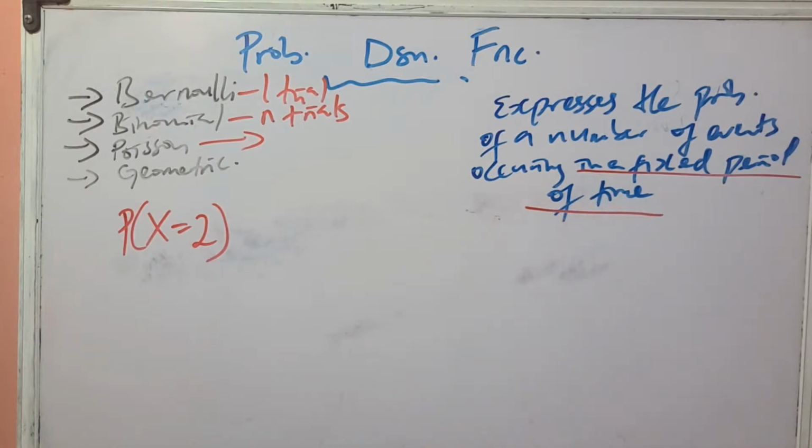When you see a question that has something to do with a fixed period of time or a fixed space, maybe a fixed distance, a fixed volume, you will see, I'll give you examples very soon.